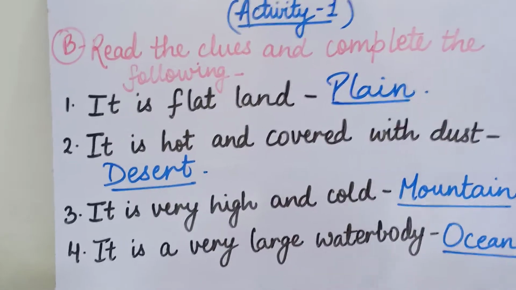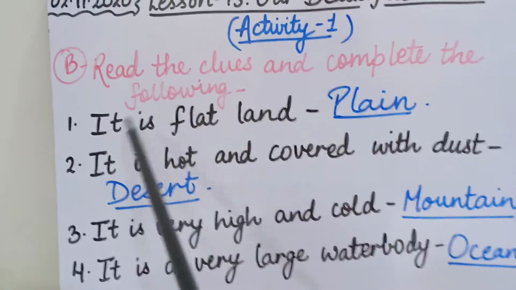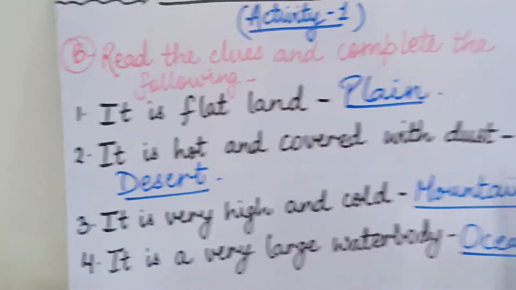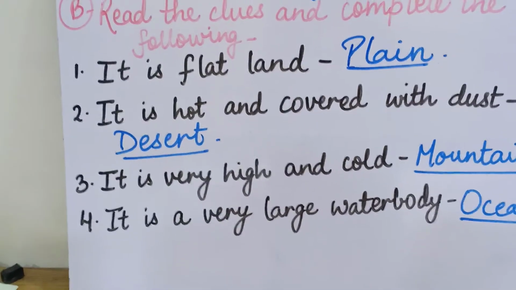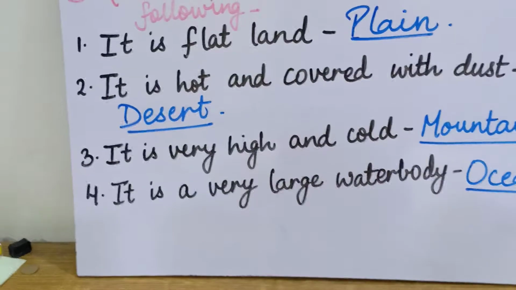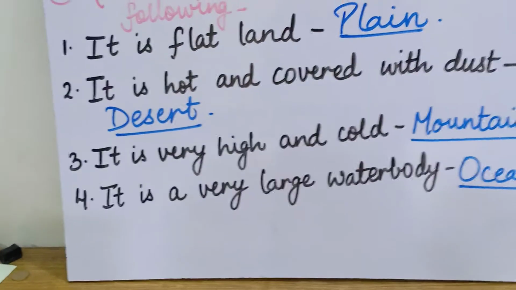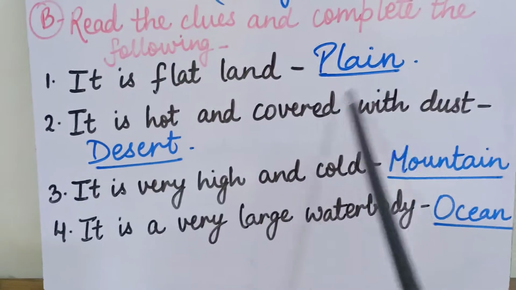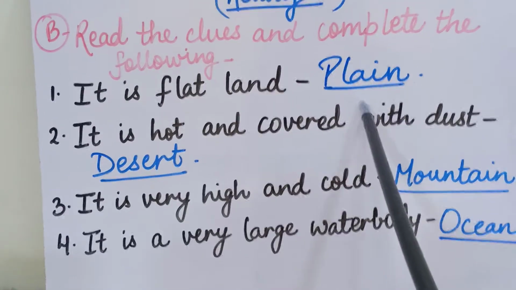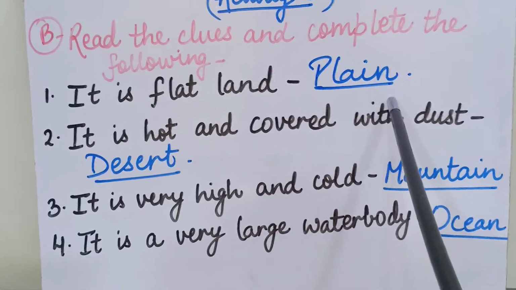Okay, now the first one is, it is flat land. Flat land means completely level ground, where it is very easy to grow crops. So what is that called? Plain. Okay, so the answer which we will write is plain. Is that clear?